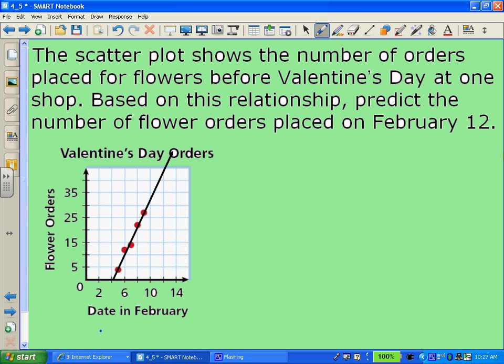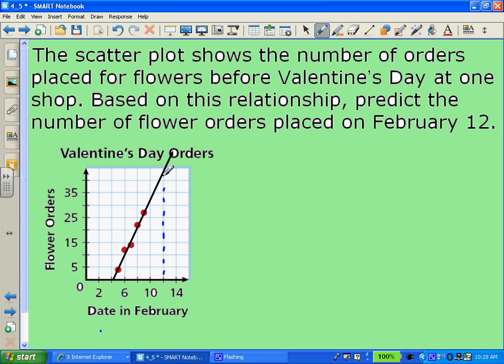And each trend line that you draw is going to be a little bit different, and that's okay, but we should end up with close to the same estimates when we estimate how many orders are going to be placed on February 12th. So on these, we draw the graph, draw the trend line, and then we're going to use estimation, similar to what we did in the last section that we talked about.